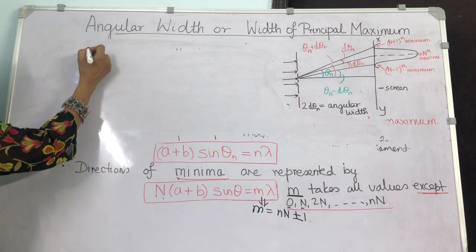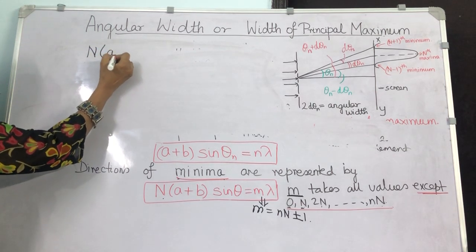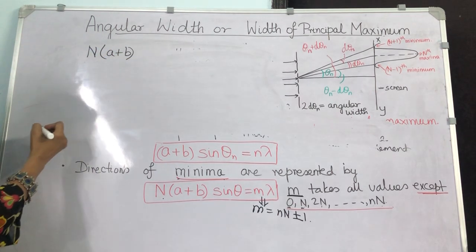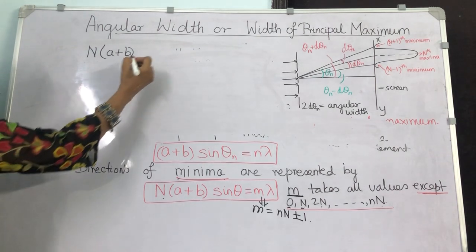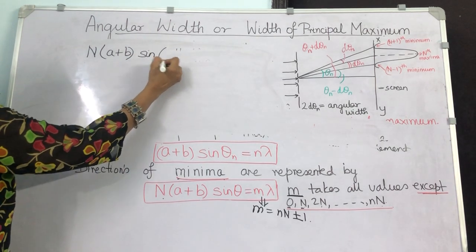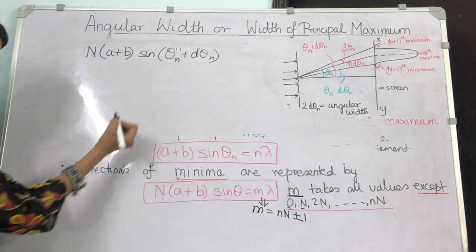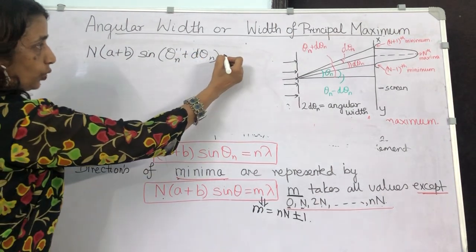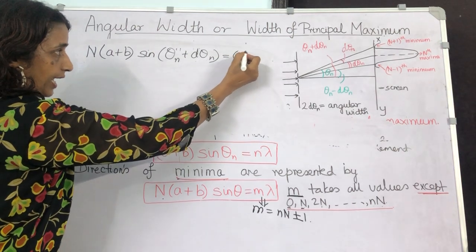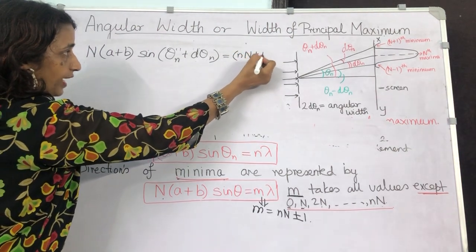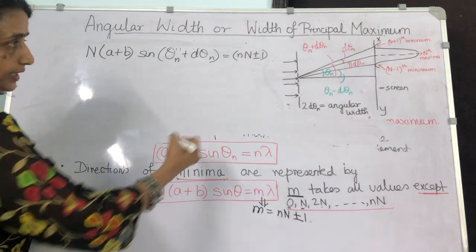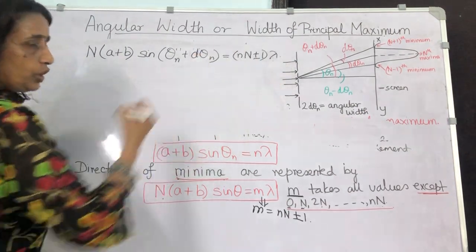So we get N(a+b) sin(θn + dθn) equal to, instead of m, these values for which this expression will hold true.